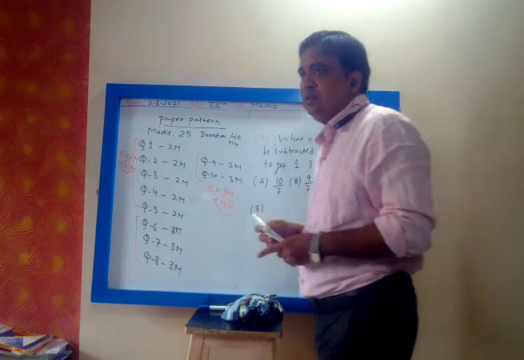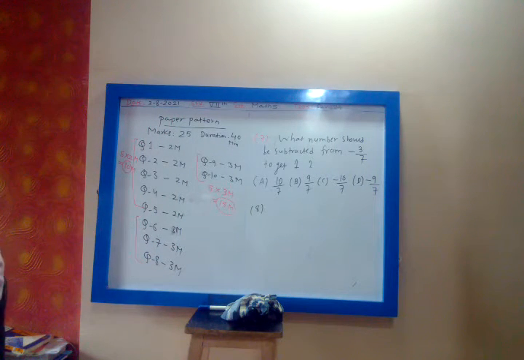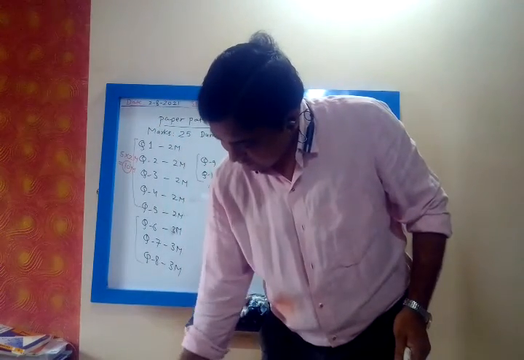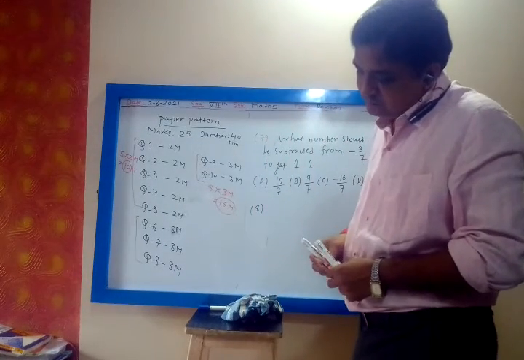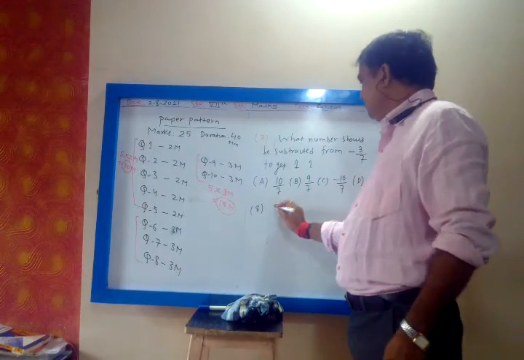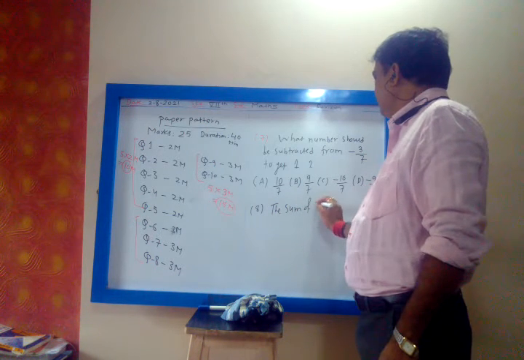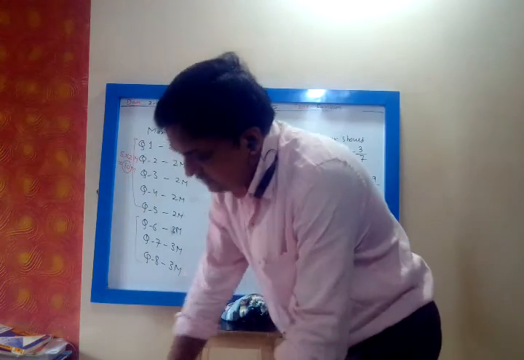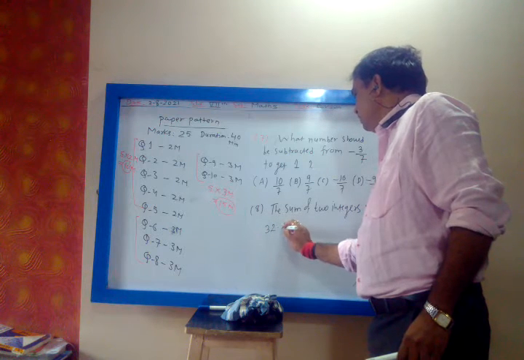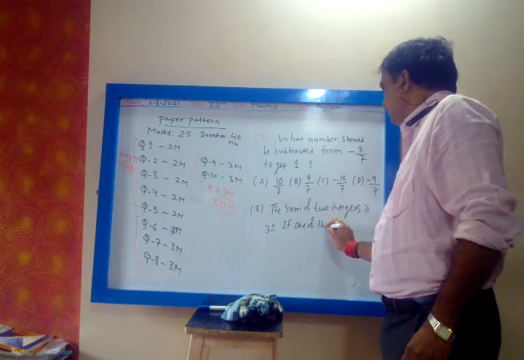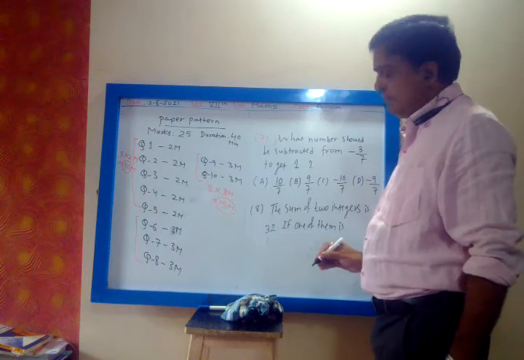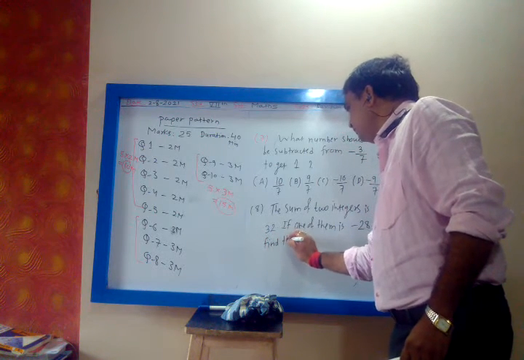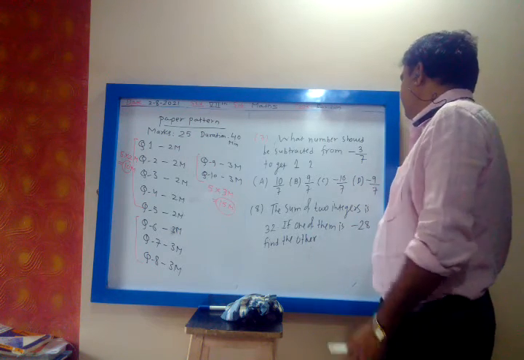One more question, 8. Only 2 questions I will give. The sum of two integers is 32.